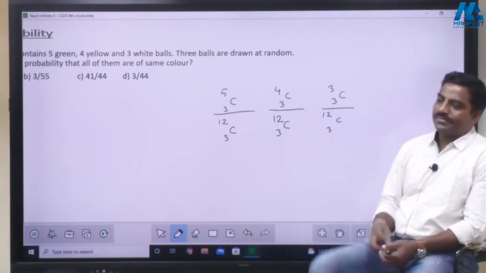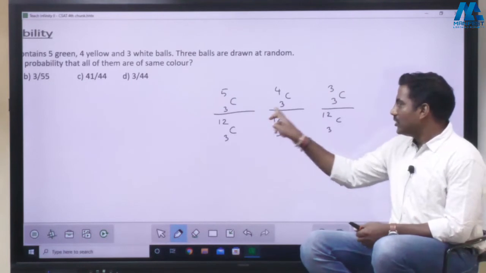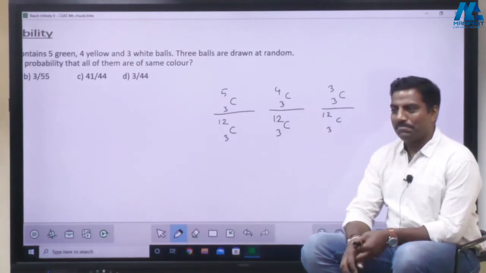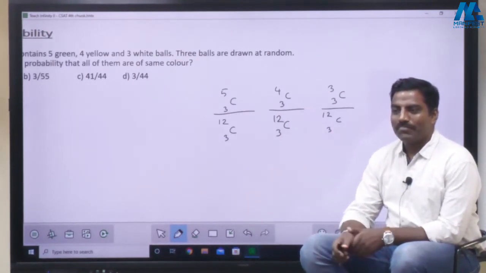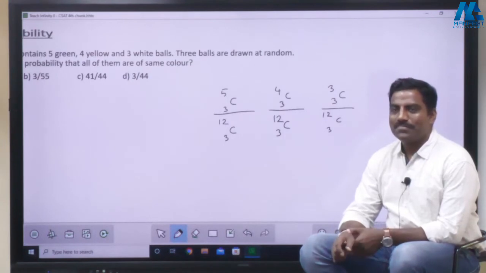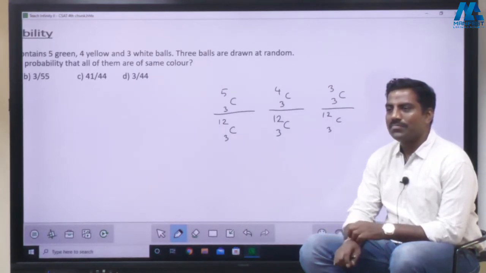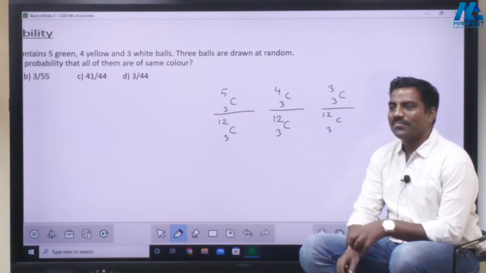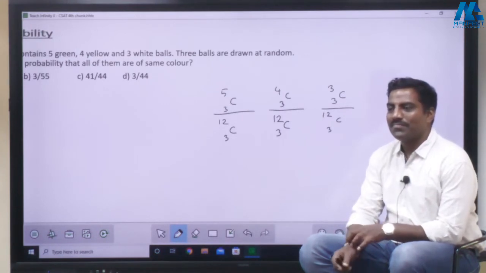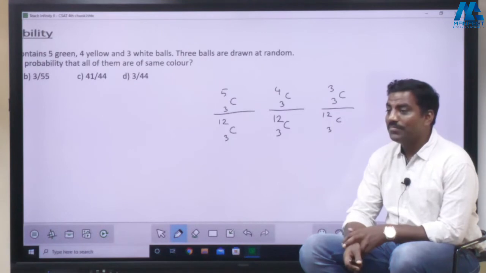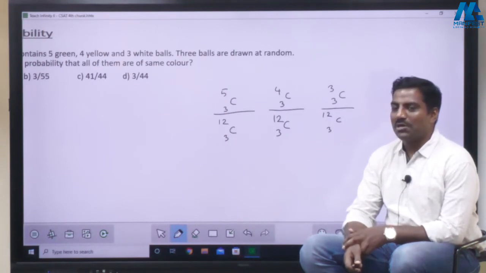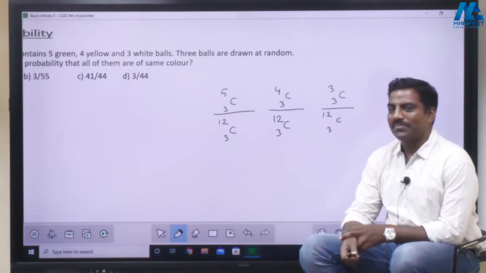Now tell me, what should I do here? Addition or multiplication? Addition.